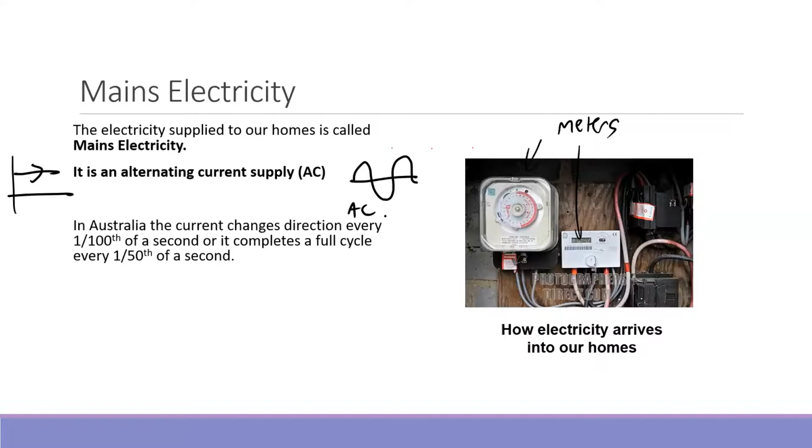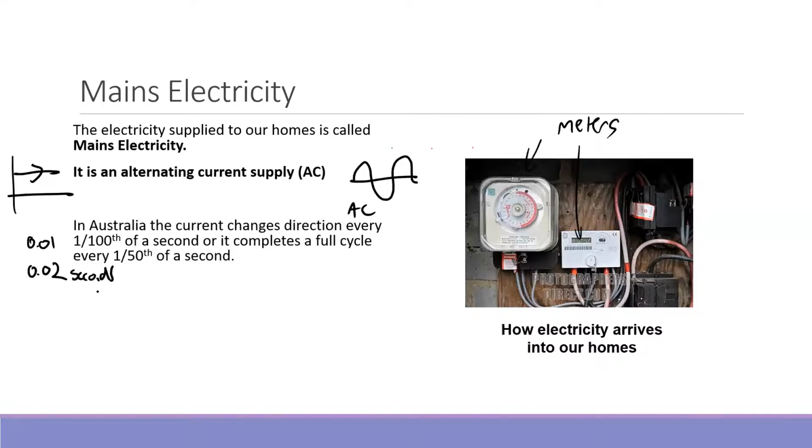In Australia, the current changes direction every 1/100th of a second, so every 0.01 seconds. It completes a full cycle every 0.02 seconds, going forwards, backwards, forwards, backwards, 50 times a second.